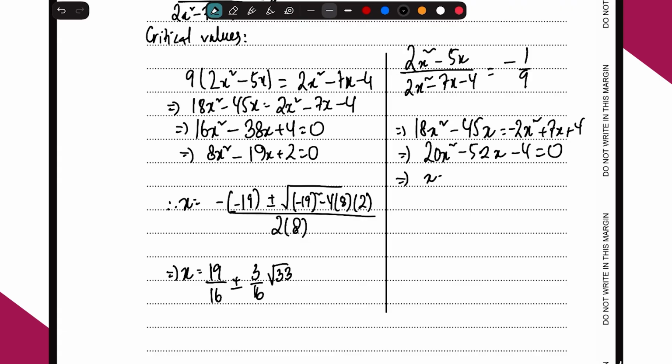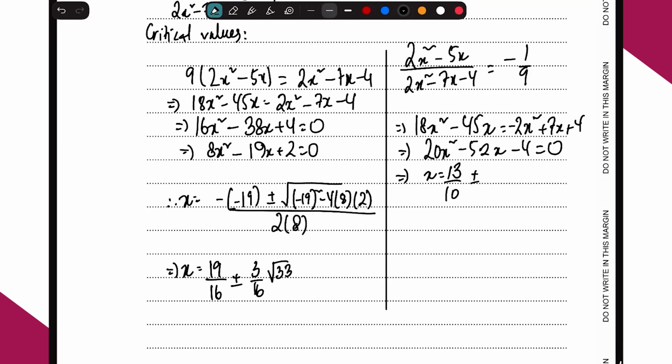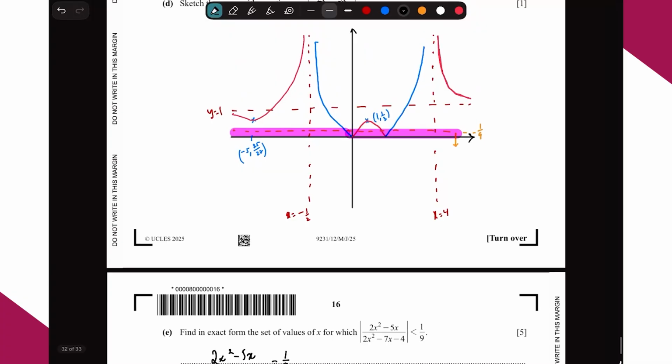Again, I'm just going to take a shortcut and plug this entire thing into my calculator, and I get 13 over 10 plus or minus 3 root 10 over 2.